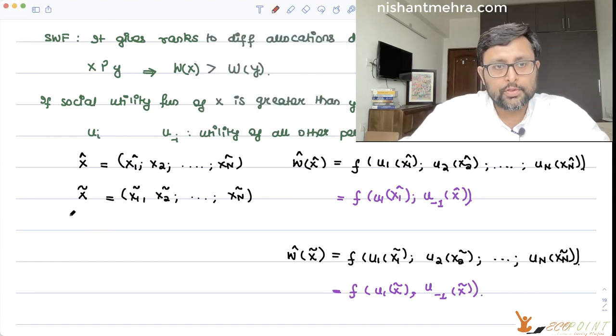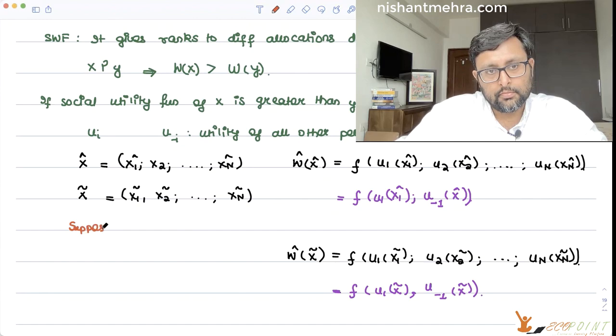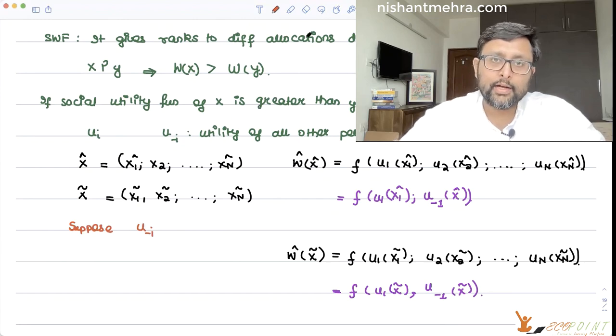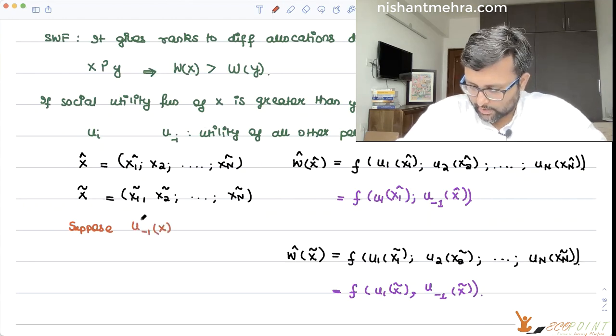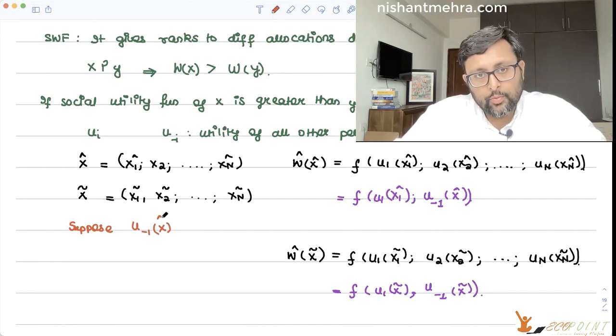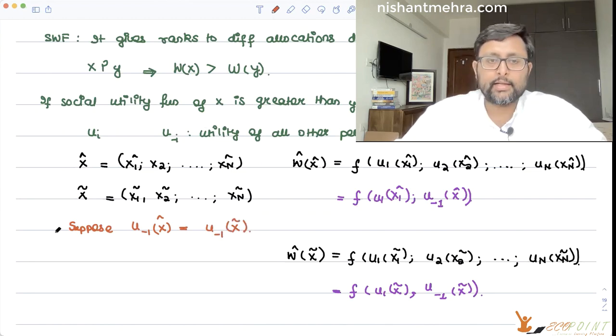Let us also suppose that the utilities of all other individuals apart from individual 1 are the same, right? So whether they are consuming X hat or X curl, let us also suppose that.